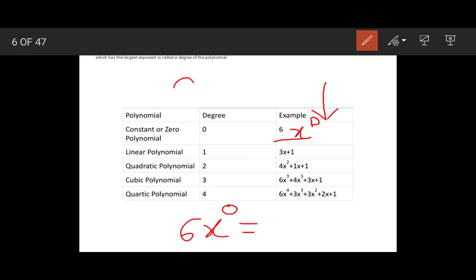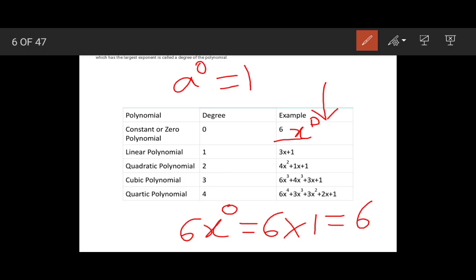Any number raised to 0 is equal to 1, from the laws of indices. So 6x raised to 0 means 6 into 1, which is equal to 6.